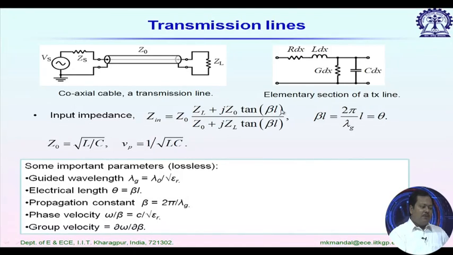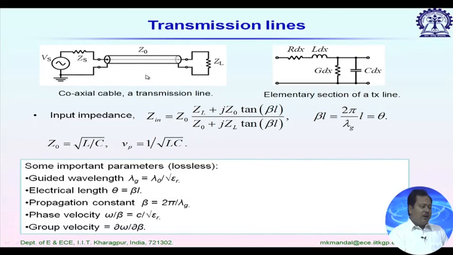Sometimes you will see that we use distributed forms like this one, using resistor, inductor, conductance and capacitor, and we represent a transmission line. But the difference between the left figure and the right figure is that this right figure can't predict the periodicity of a transmission line.